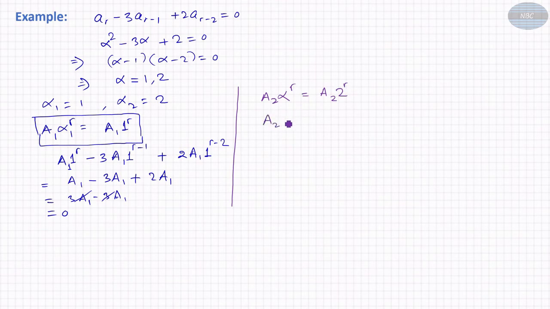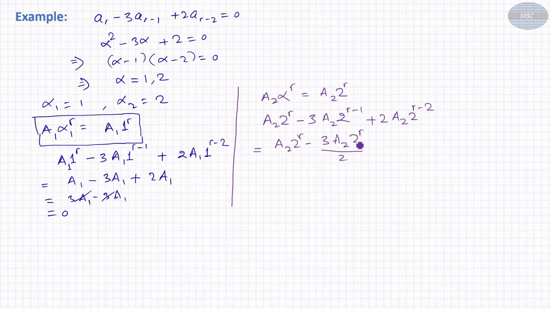So here a2 into 2 to the power r minus 3 into a2 2 to the power r minus 1 plus 2 into a2 2 to the power r minus 2 is equal to a2 2 to the power r minus 3 into a2 2 to the power r divided by 2. So 2 to the power r minus 1 can be simplified as 2 to the power r divided by 2, plus 2 into a2 2 to the power r divided by 2 square.